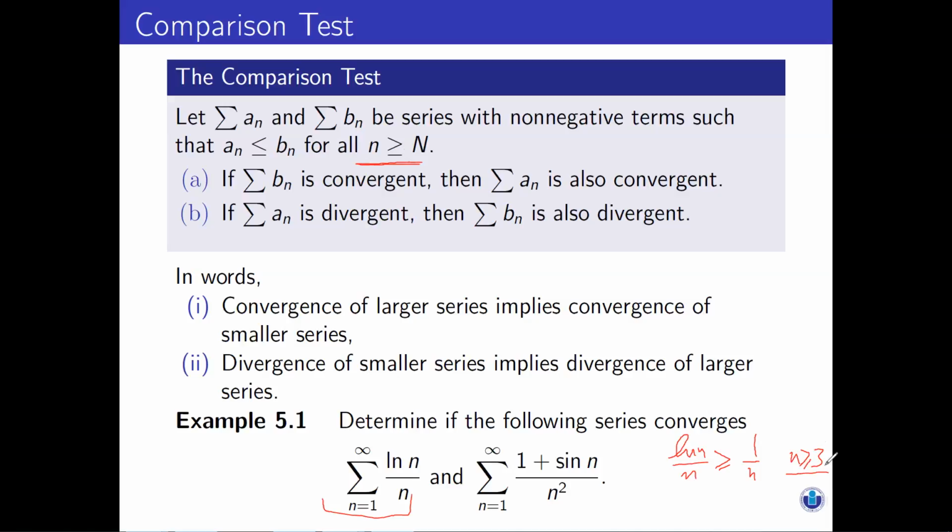Because e is less than 3, so if n is bigger than 3, then log n is bigger than 1. So this is the bigger one, and the smaller series diverges, because this is a harmonic series with p equal to 1. So this one diverges, which implies that this one diverges.